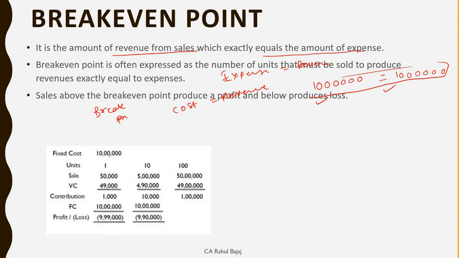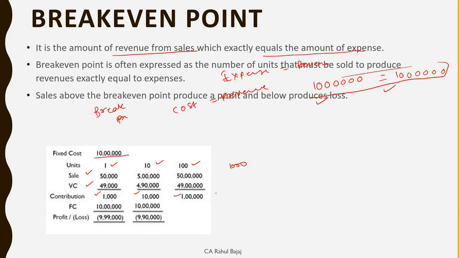The fixed cost is say 10 lakh rupees. If I sell 1 unit, 10 units, 100 units, 1000 units, sales are 1,000 rupees, 10,000 rupees, 1 lakh rupees, and so on. A variable cost always varies with the sales. Then the contribution is 1,000, 10,000, 1 lakh.